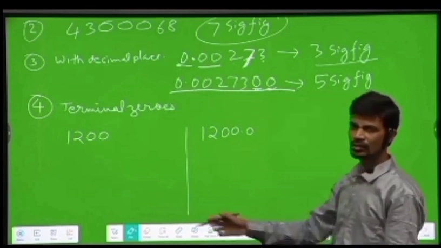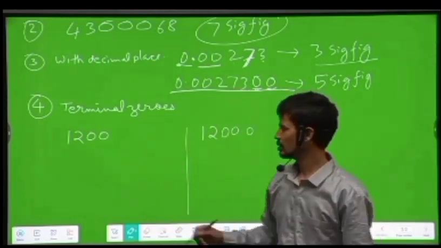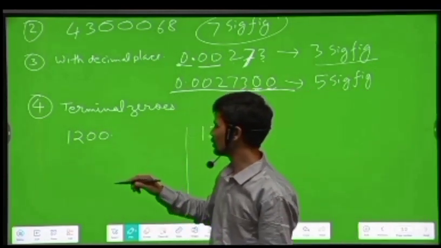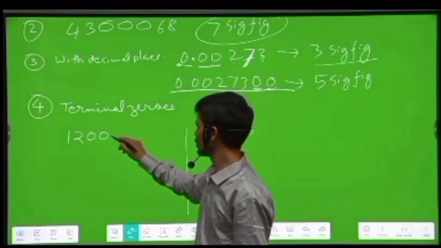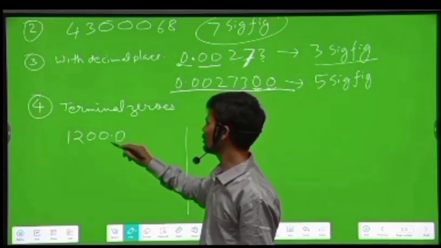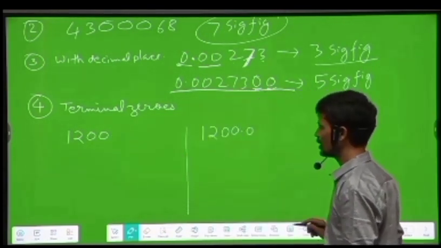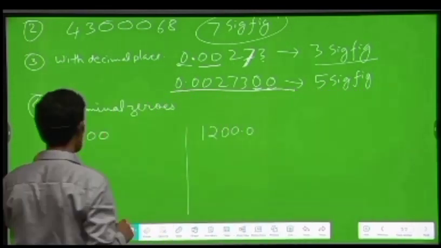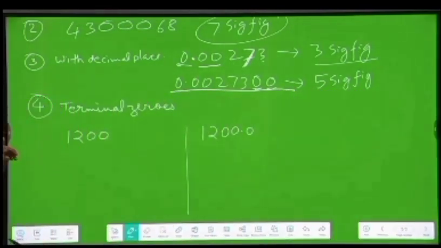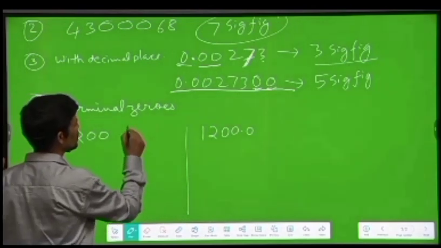So there is no decimal point given here. Can we write it like this? But if we write a decimal here, we have to put something after that decimal place. So if this is given, it definitely has two significant figures.